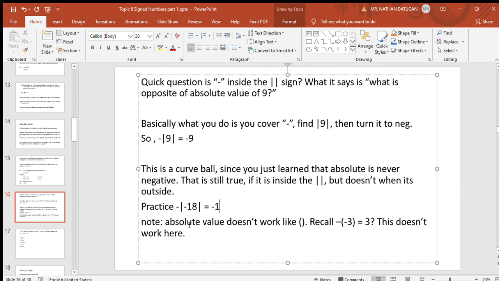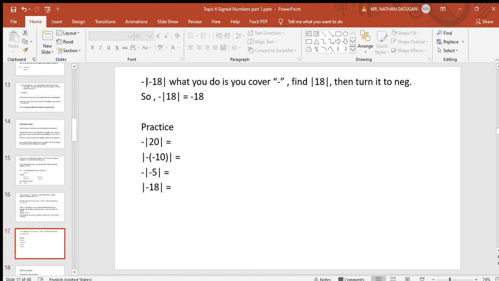So again, note that absolute value doesn't work like the parentheses. So you might think we're going to do something similar like this: what is the negative of negative 3 is 3, you're just going to simplify that. Doesn't work here. It's negative 18, my bad. Negative of the opposite of absolute value of negative 18.